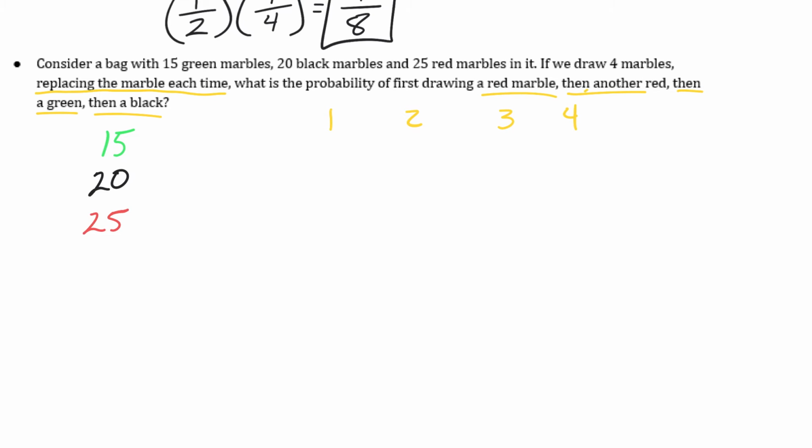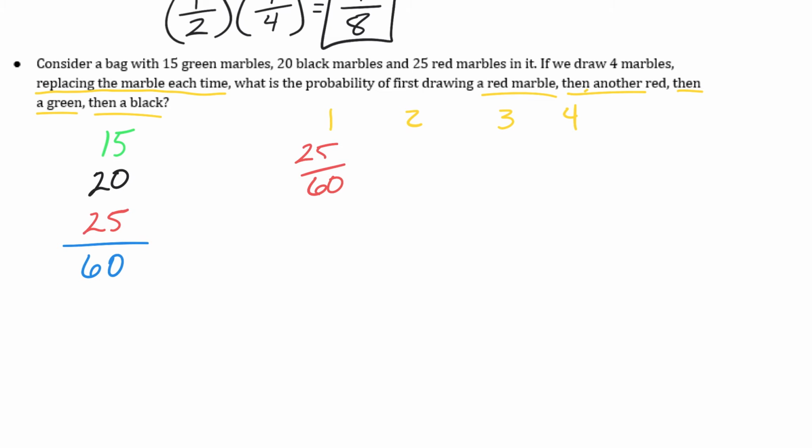Well, the first thing we need to do is figure out how many marbles we have. We have 60 marbles in this bag. So the probability of selecting a red marble is 25 out of 60.